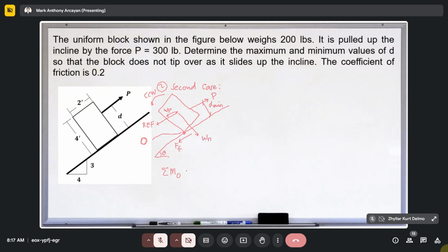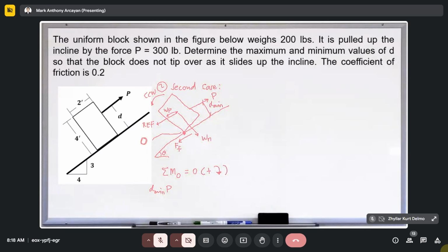Now, summation of moment at O is equal to 0, positive if the force can produce a clockwise moment. So I will have a positive sign for my force P. Force P, if this is our moment point, can produce a clockwise moment. So we have here d minimum times P.